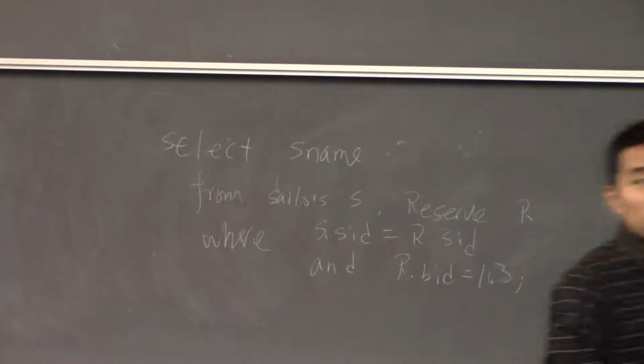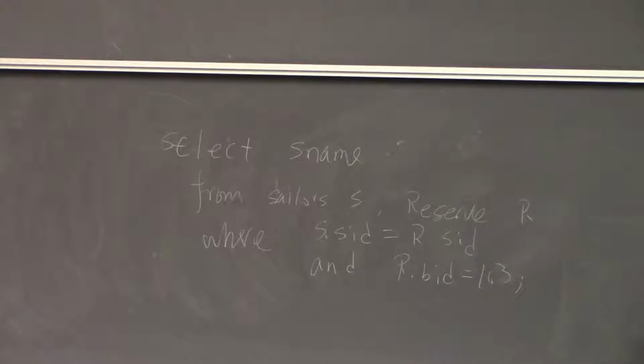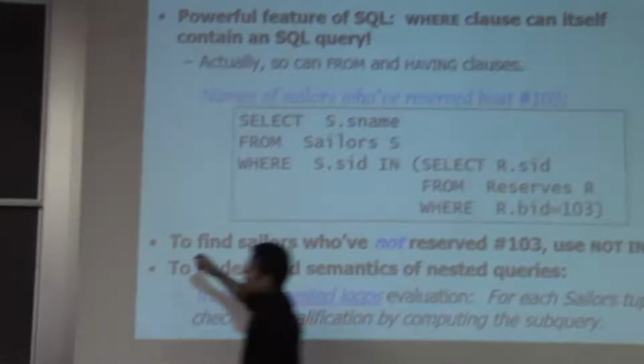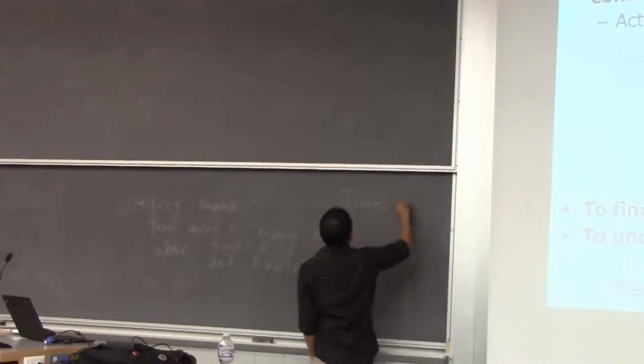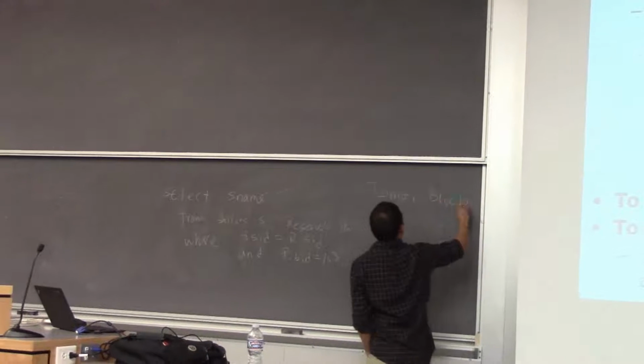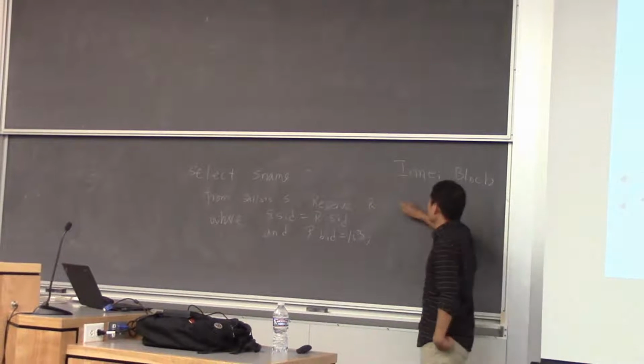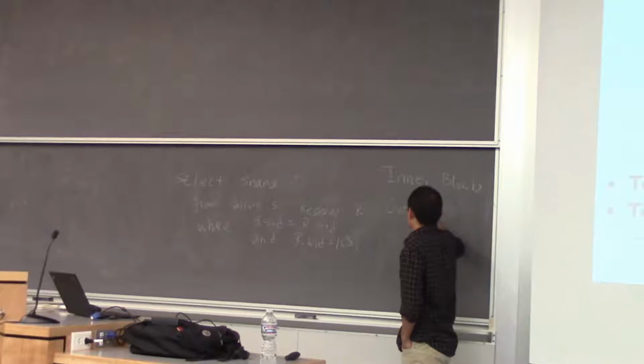But here's another way of doing this using nested queries, using nested blocks. This is what we call the inner block, and obviously the block on the outside is called the outer block.